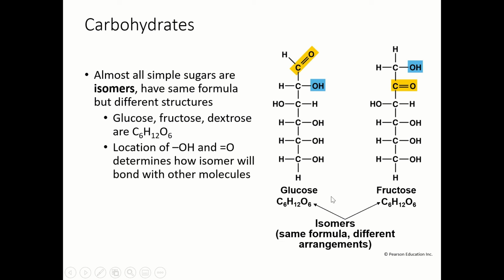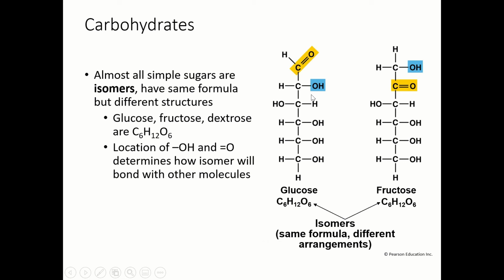So here we have glucose and fructose, same formula, C6H12O6, but here the location of this C double bond O and the location of whether it is before or after this OH, this hydroxyl functional group, it doesn't look like that would make a difference, and we really can't go into it from an OChem point of view why it makes such a big difference.